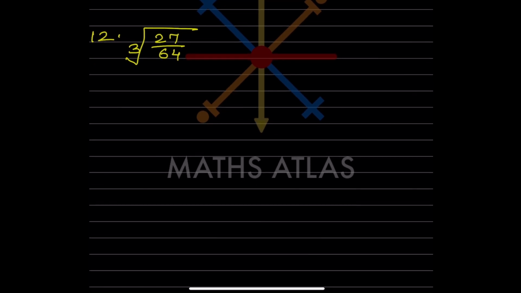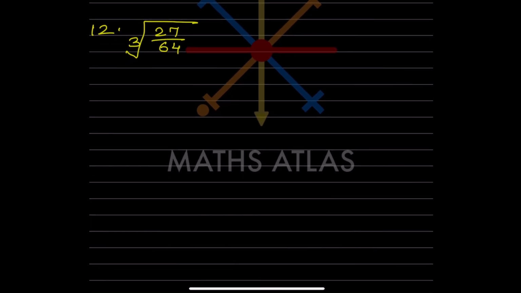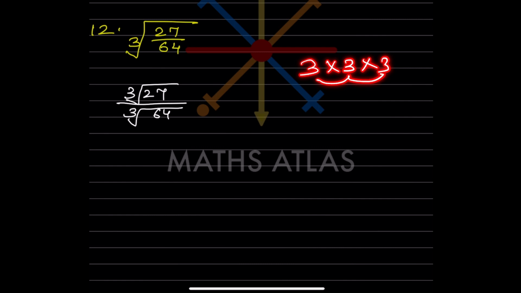So now let us see. For 12, we can first, because this is in fraction, we'll separate it because cube is for both of them. The numerator and the denominator will separate it. So for 27, we can directly write because it's a small number. The factors are 3 into 3 into 3. That is, 3 3s are 9, 9 3s are 27.